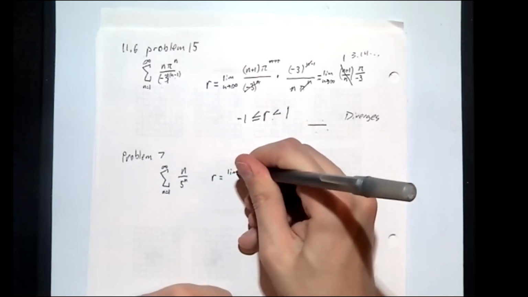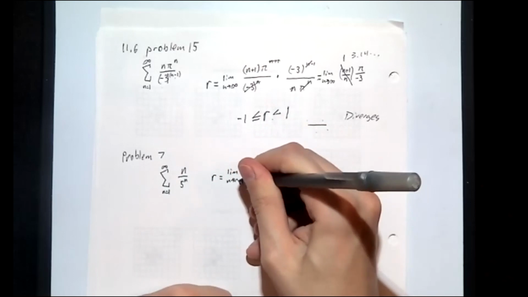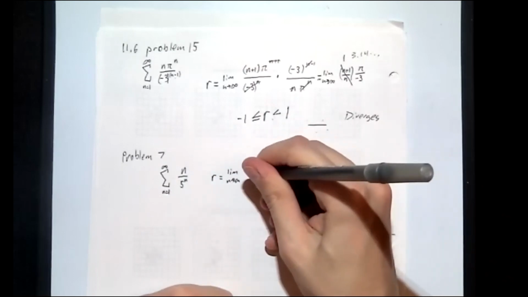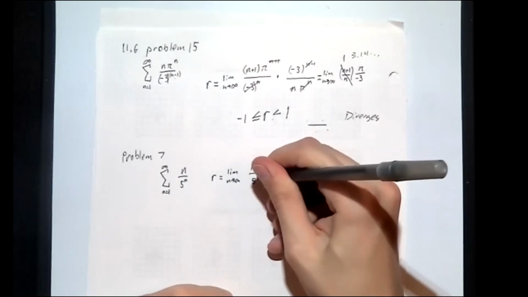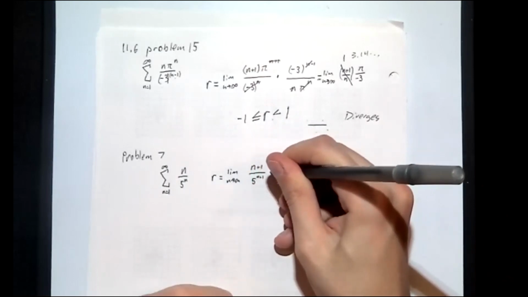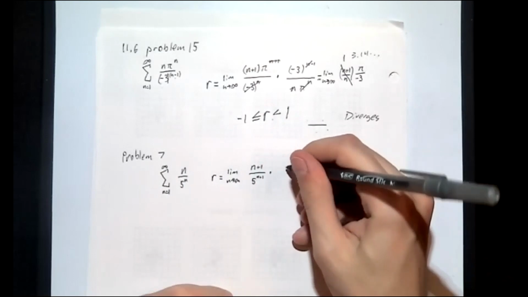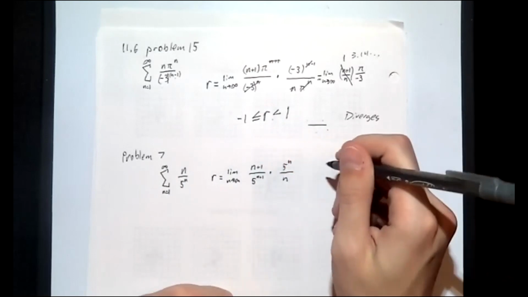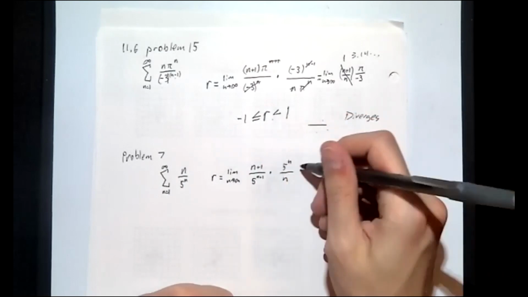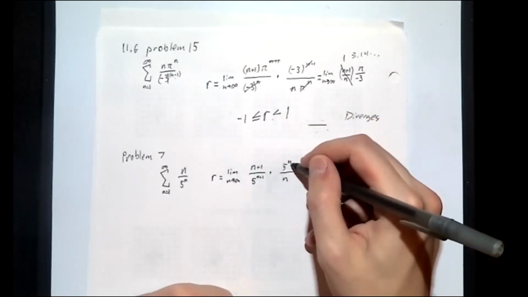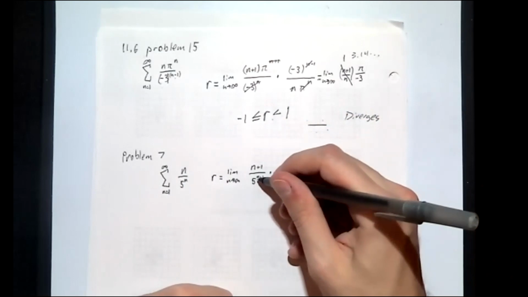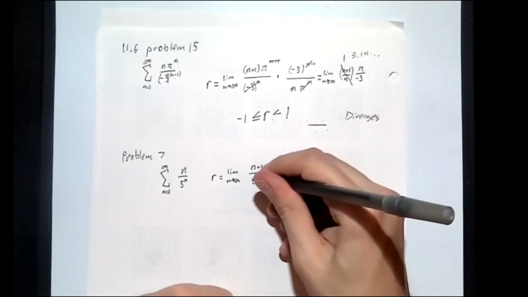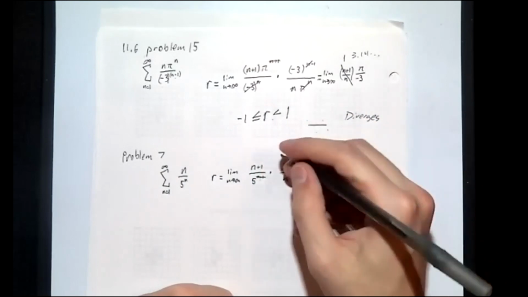R is the limit as n approaches infinity of n plus 1 over 5 to the n plus 1 times 5 to the n over n. So immediately we see 5 to the n over 5 to the n plus 1. 5 to the n cancels. We're left with 5 on the bottom.